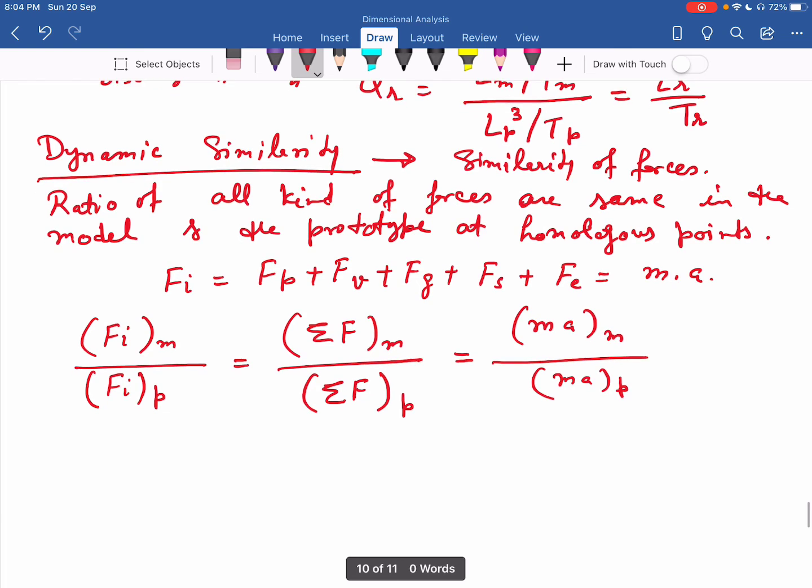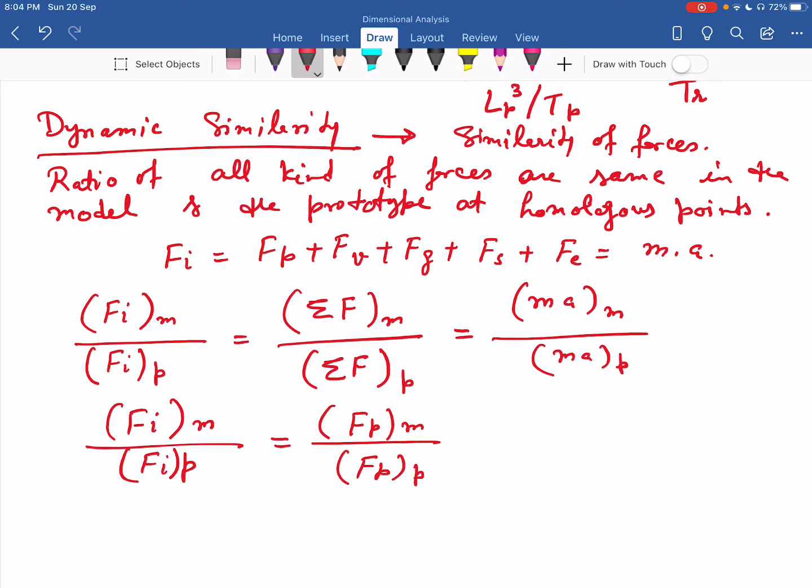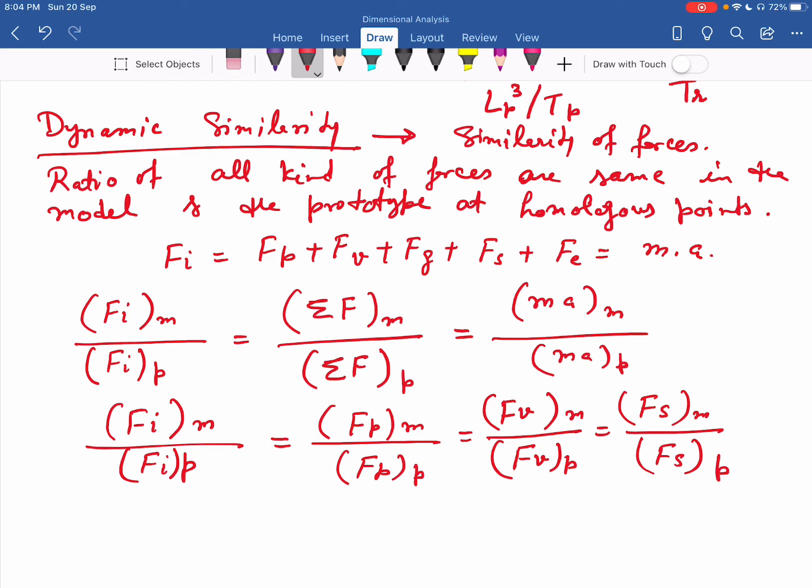If you see the individual components, Fi for model divided by Fi for prototype is equal to Fp for model divided by Fp for prototype. Okay, equal to Fv for model, Fv for prototype, or Fs for model, Fs for prototype. That means for complete similarity, the ratios of the individual component forces must also be equal to the ratio of the inertia force of the model and the prototype.